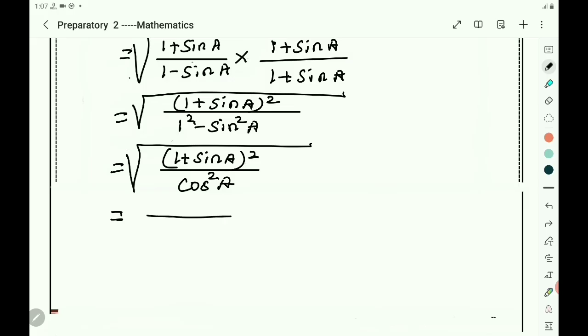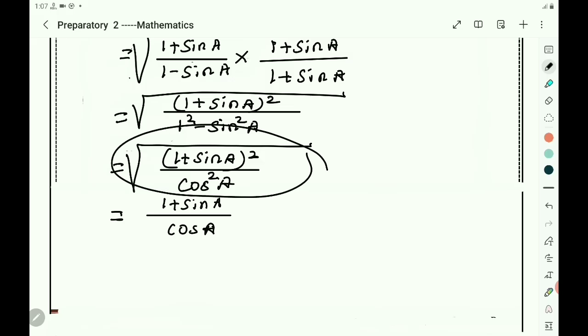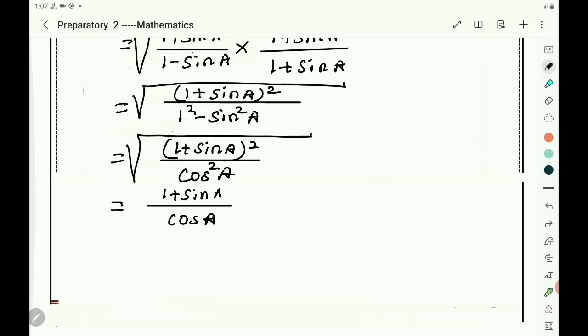Then what is remaining here? In the numerator 1 plus sin A, in the denominator cos A. Root of 1 plus sin A whole square by cos square A is 1 plus sin A by cos A.